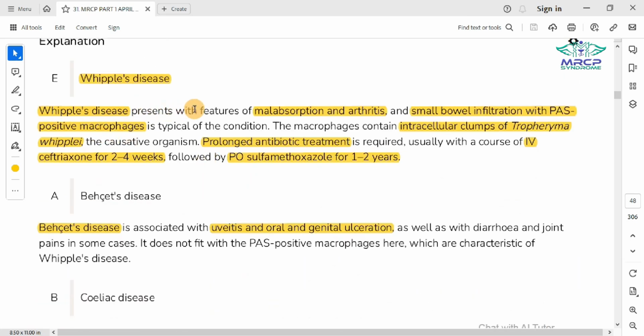Whipple's disease presents with the features of malabsorption and arthritis, and small bowel infiltration with the PAS positive macrophage is typical of the condition. The macrophage contain intracellular clumps of Tropheryma whipplei, the causative organism. Prolonged antibiotic treatment is required, usually with a course of IV ceftriaxone for 2 to 4 weeks. Usually we go for 1 to 2 weeks, followed by oral cotrimoxazole for 1 to 2 years.